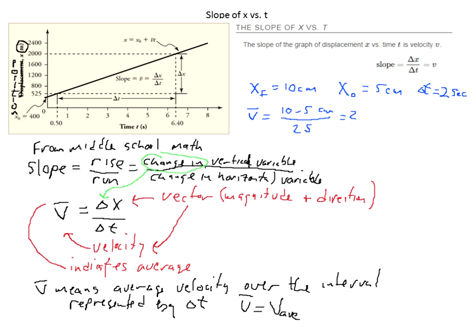That, of course, is 2.5 centimeters per second. All we can say is that this is the average velocity, and actually the magnitude of the average velocity, because we didn't say whether it was north, south, east, or west. But this is the magnitude of the average velocity in this interval.